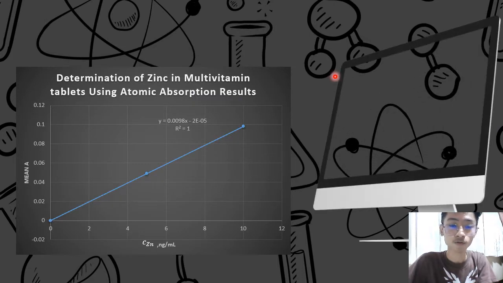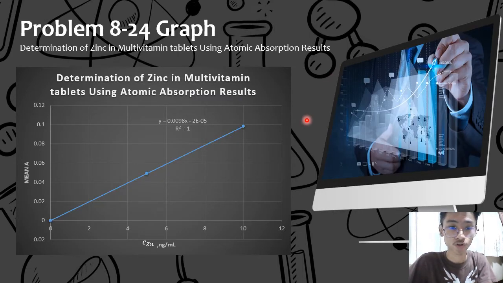Last part of our first problem calculations, the graph, is the graph of the determination of zinc in multivitamin tablets using atomic absorption results. You can see here, again, I will reiterate it, that the x values are the concentrations of zinc, and the mean of the absorbance values is the y values.